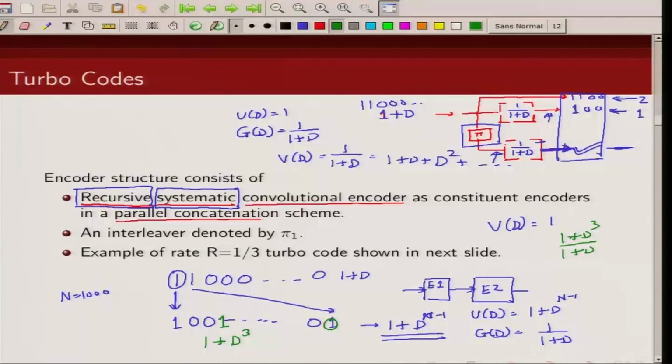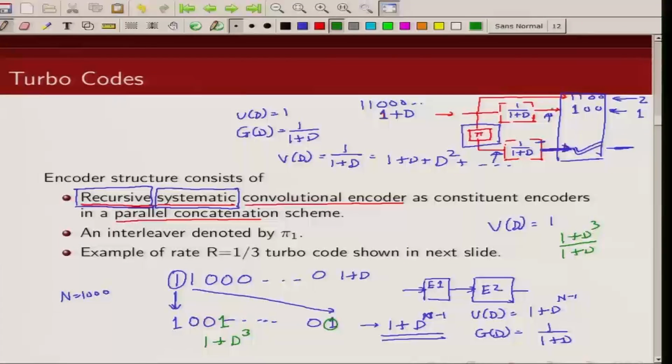The design of interleaver is very, very crucial. You should design the interleaver in such a way that the adjacent ones are separated out far apart, so that after interleaving, when the same information sequence is passing through the encoder, it generates a parity sequence with large weight.